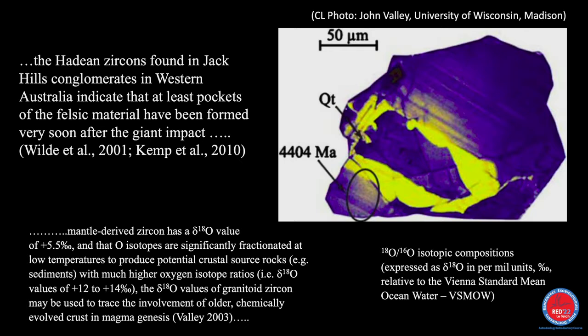For some environments, we have estimated values. For instance, for the mantle, the average value is 5.5 permille. For the crust, the value is higher. And of course, the oxygen values were also measured for Jack Hills crystals, and the values were a little bit elevated.